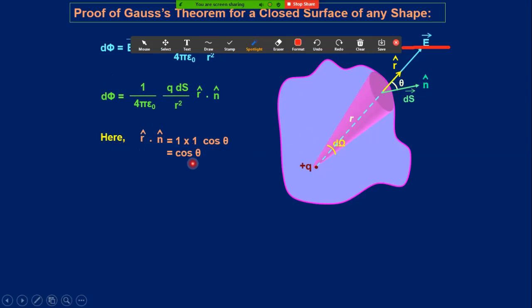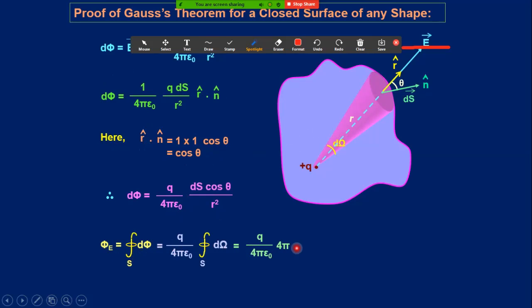That's why I have written cos theta. Now putting this equation in this equation, we get q divided by 4 pi epsilon naught ds cos theta by r square. Now after integration, we get this value.